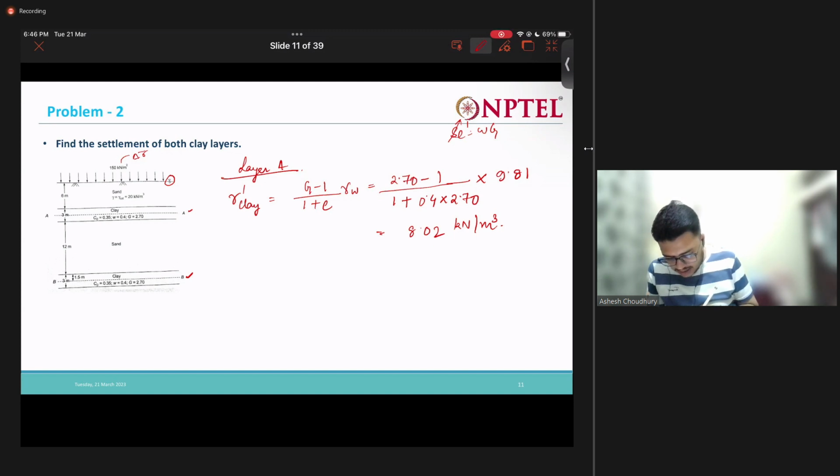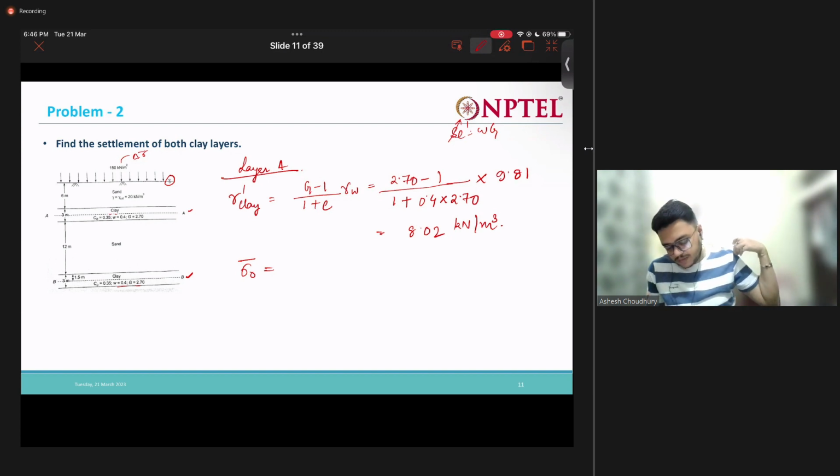Both the clay layers are actually the same, you can see the same values, so it's good for us. Now let us calculate our effective stress at this AA level.